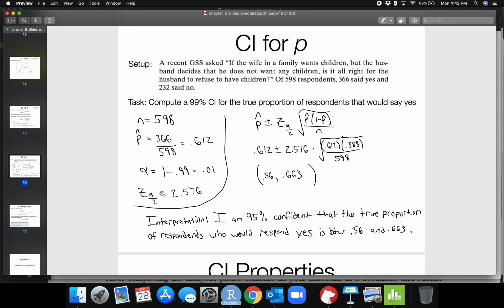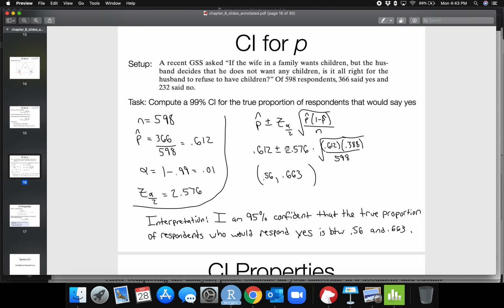Now with the n, the p hat, and the z sub alpha over 2, I have all the information that I need. And so I just substitute those values into the formula that we know. p hat is 0.612, z sub alpha over 2 is 2.576, and then the square root of 0.612 times 1 minus 0.612, which is 0.388, all divided by 598, and then you take the square root.